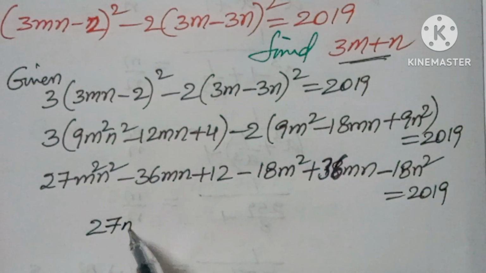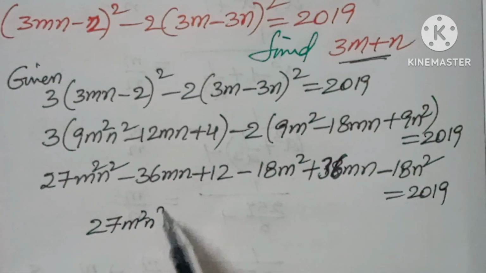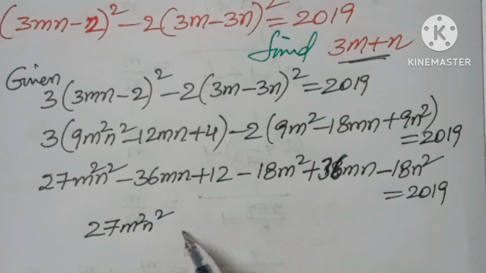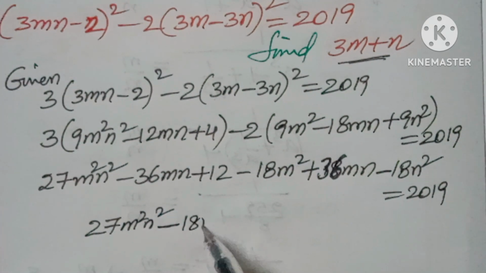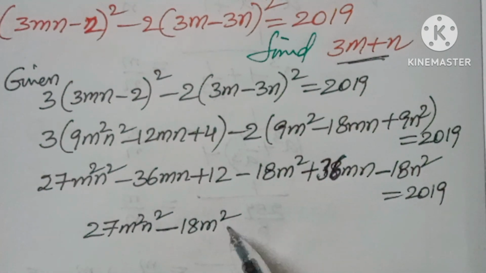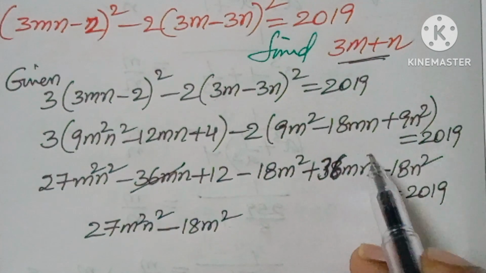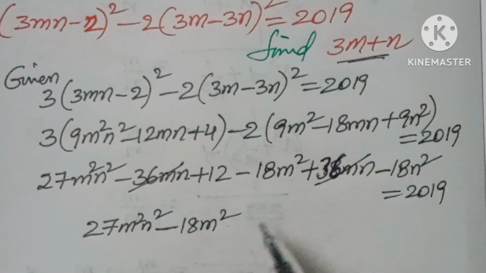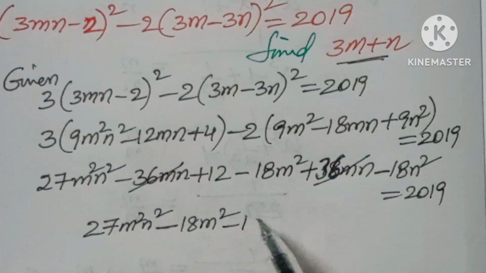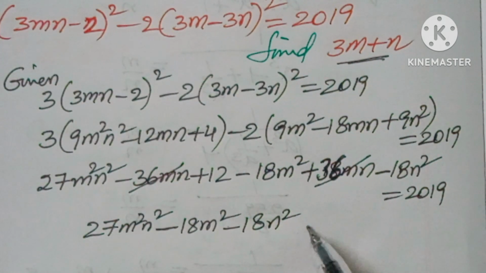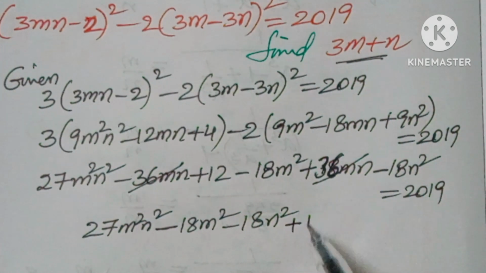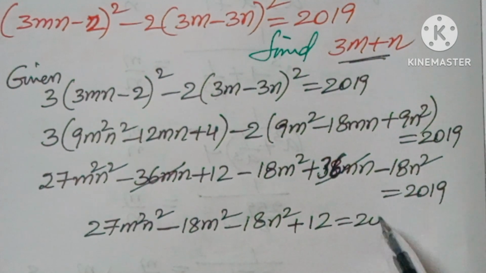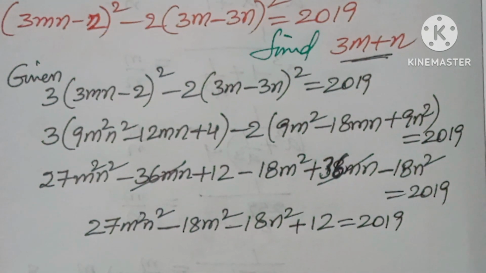So if you simplify it, 27 m squared n squared minus 18 m squared, the 36 mn and minus 36 mn cancel, minus 18 n squared plus 12 is equal to 2019.